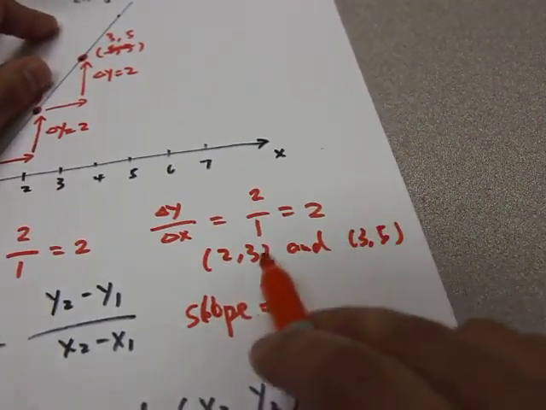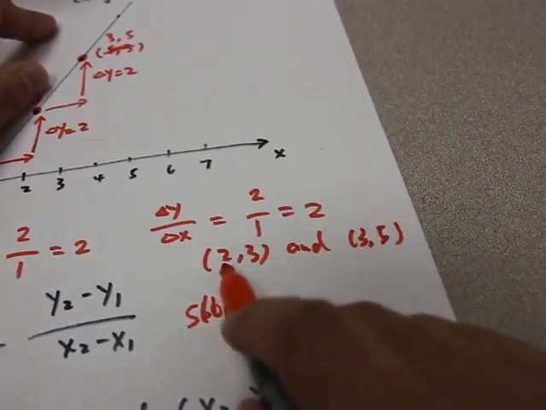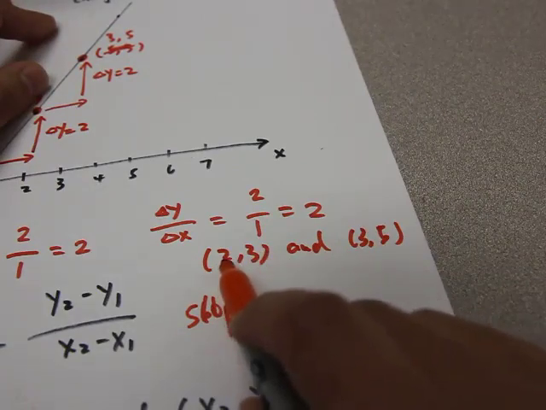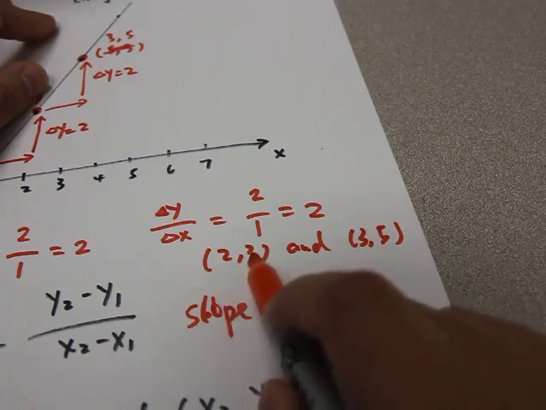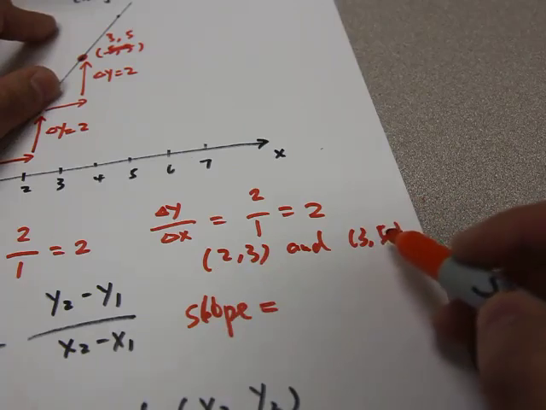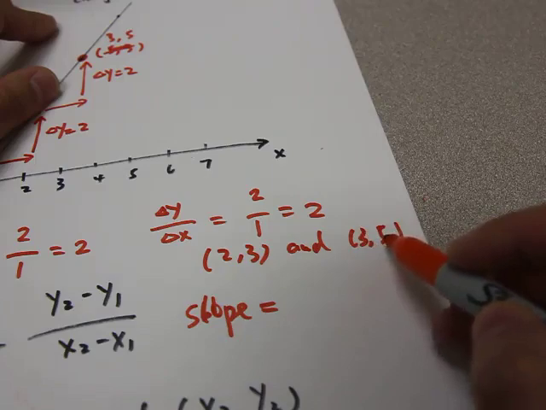It doesn't matter which point you let be the first point. If you let this point be the first point, then 2 is x1 and 3 is y1. If you let the other point be the first point, then 3 is x1 and 5 is y1.